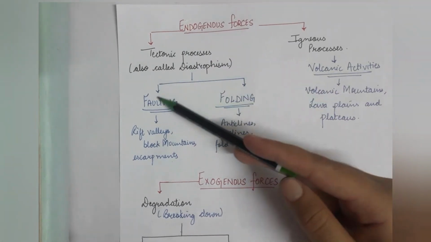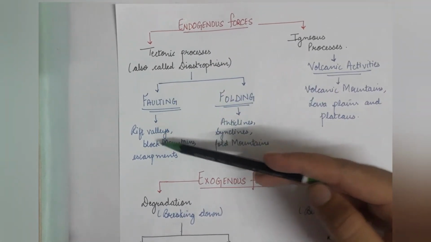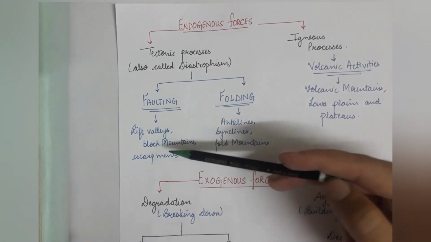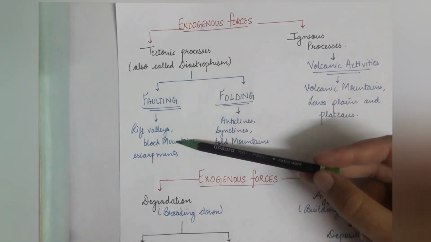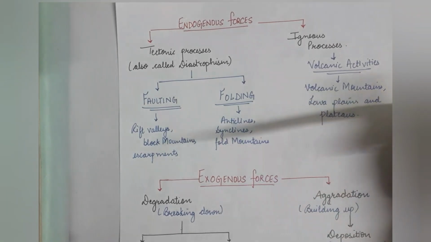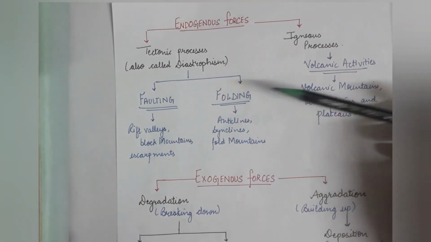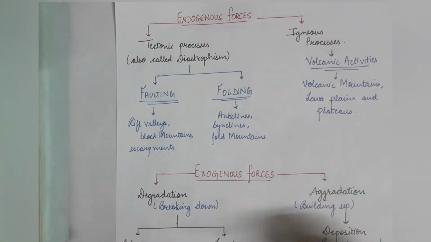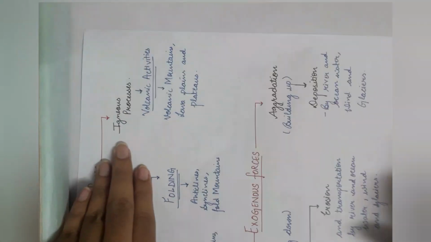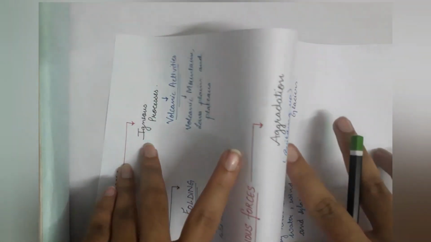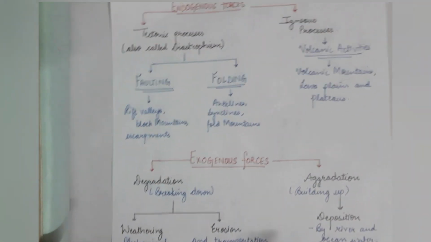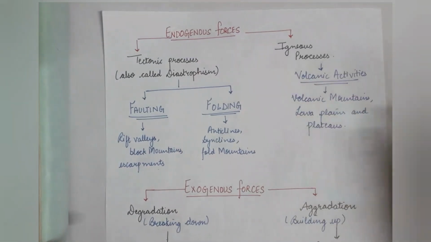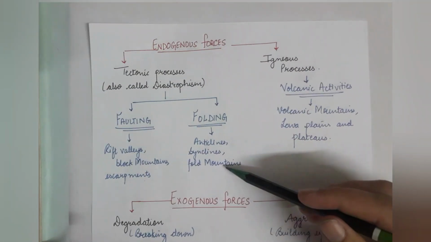Due to the process of faulting, rift valleys and block mountains are formed. This we have discussed already. The block mountains we have discussed, and there we discussed faulting also. Then comes folding. When we fold something, fold mountains are formed. Like if I push it this way, this creates the fold mountains. So this is folding. Anticlines and synclines are there. This also we have discussed.